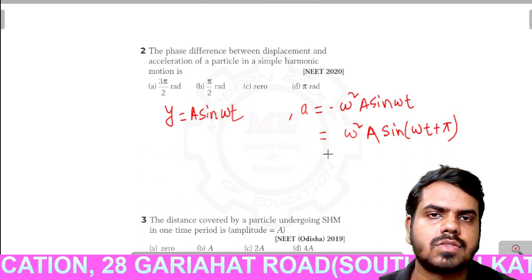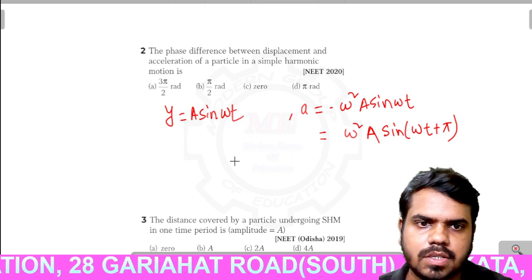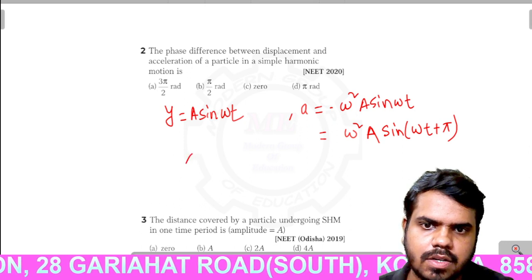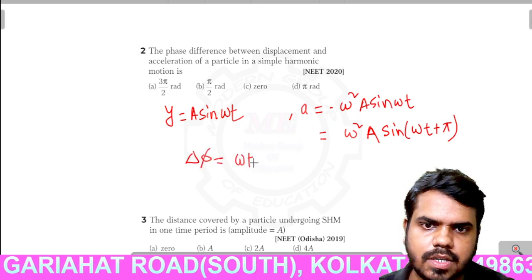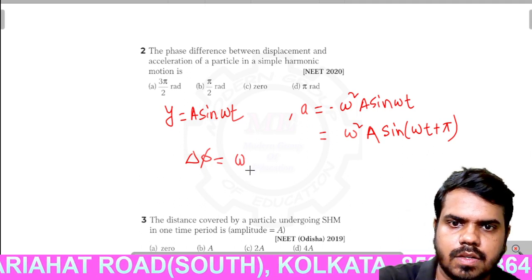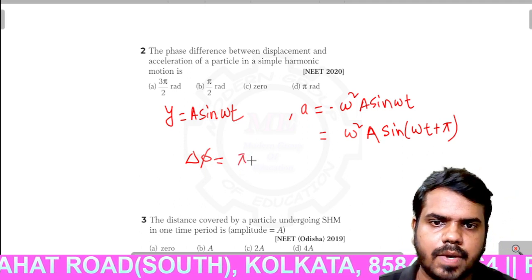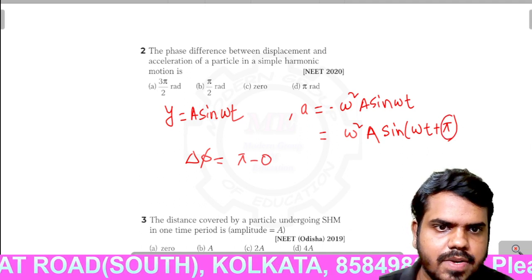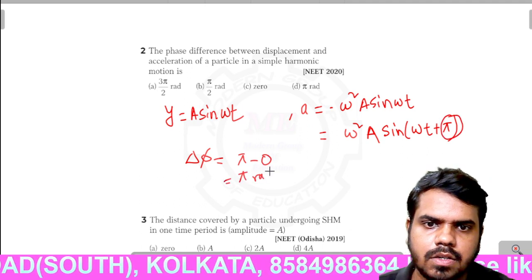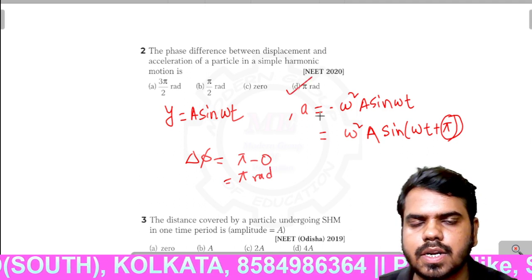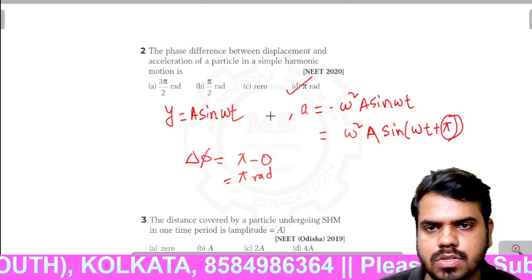So the answer is pi radian, because if we find delta phi, it is pi minus 0. Here the phase difference is pi and here the phase difference is 0, so pi minus 0 is pi radian. Option D is correct. Hope you have understood these concepts.